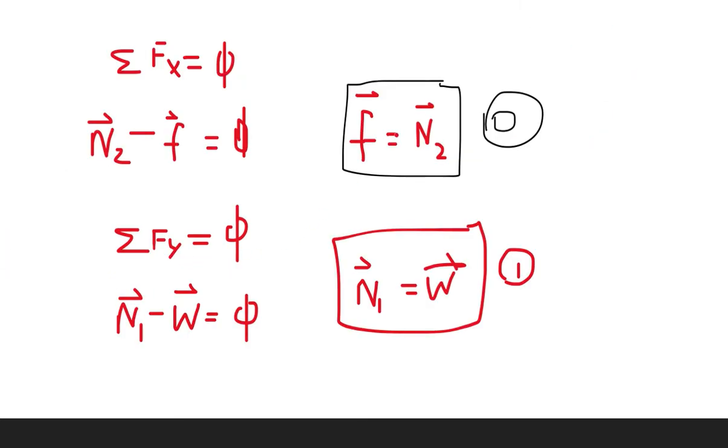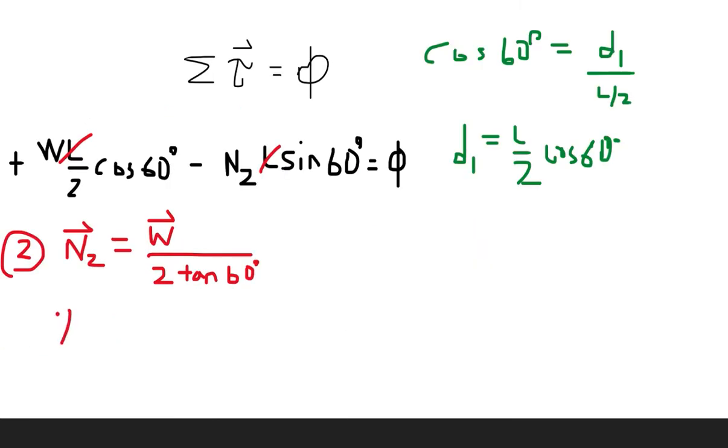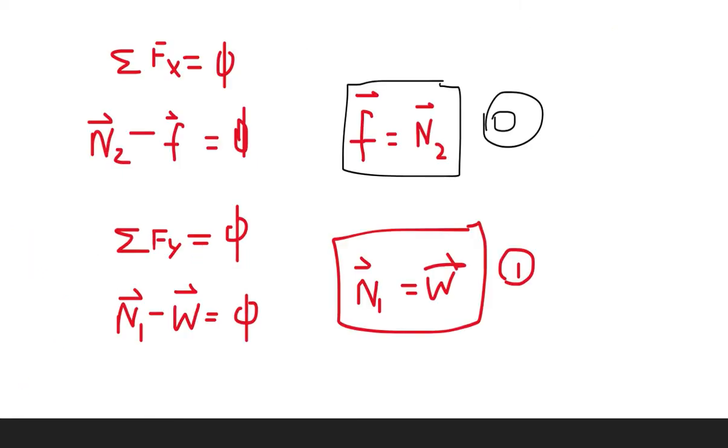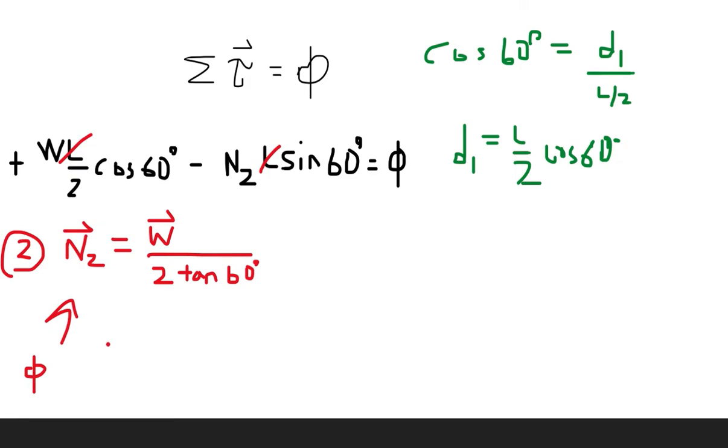Let's substitute in equation 0. Substituting in equation 0, we know that N2 is equal to the friction force. So we got the friction force substituted in here. And that is equal to W divided by 2 tan of 60.